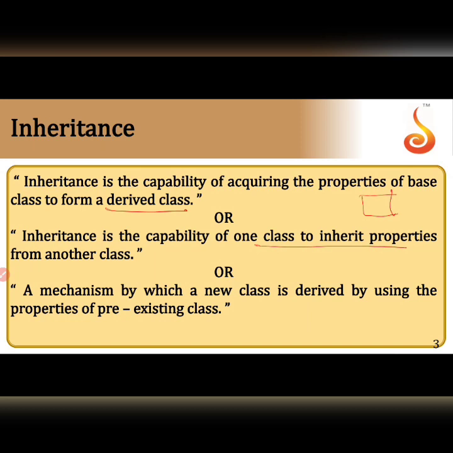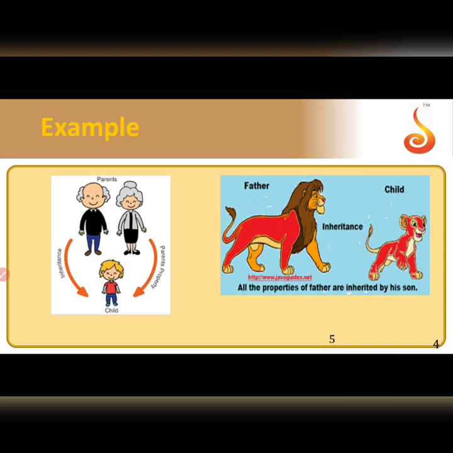That is, creating a new class from an existing class, wherein the new class acquires the properties of the base class or the already existing class, is called inheritance. So please go through this. This is an example.